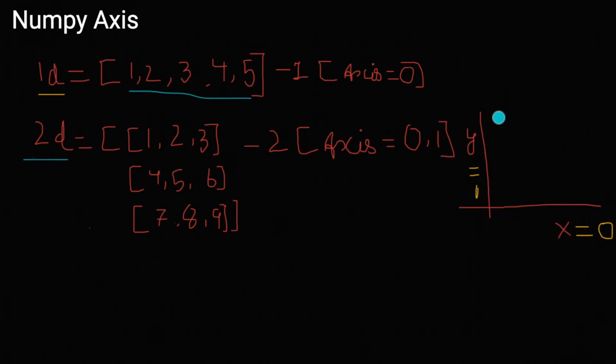We need the y axis and x axis, which is 0 and 1, both axes, to represent this data. Like you can see here, this is one list. So this list will represent both the y axis and x axis. So I need both the x axis and y axis to represent 2D data.